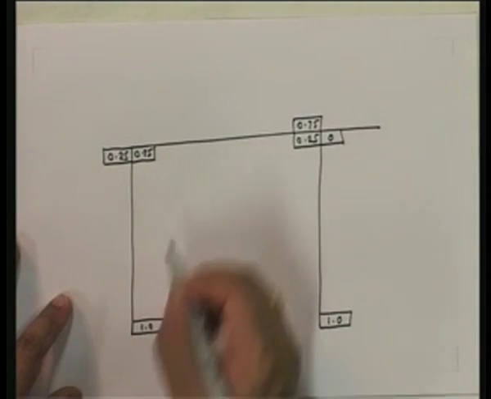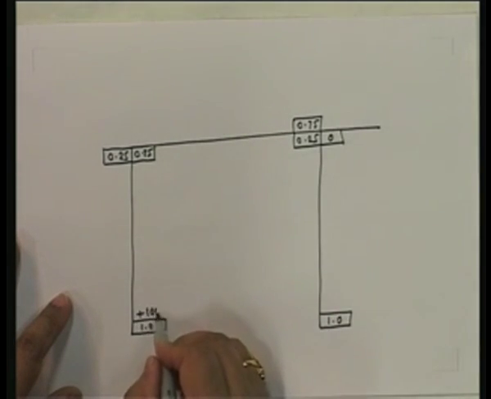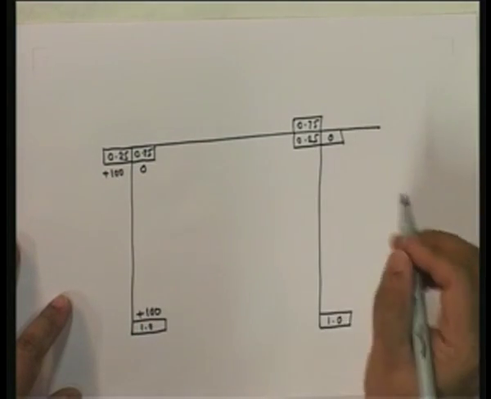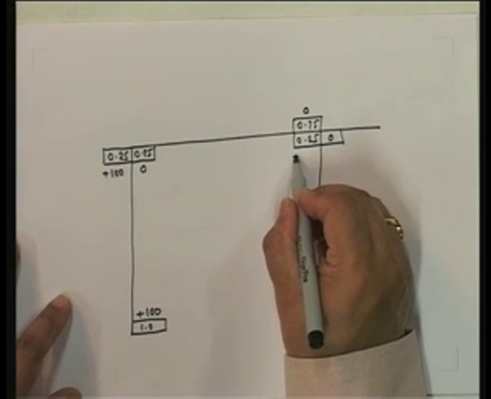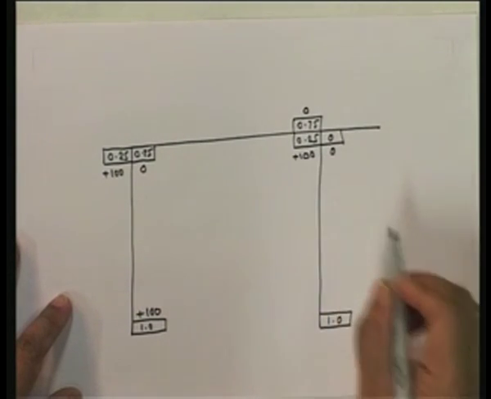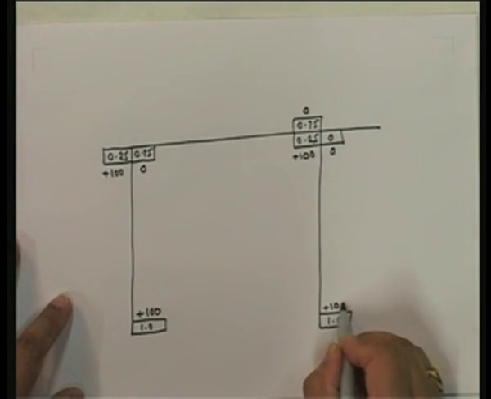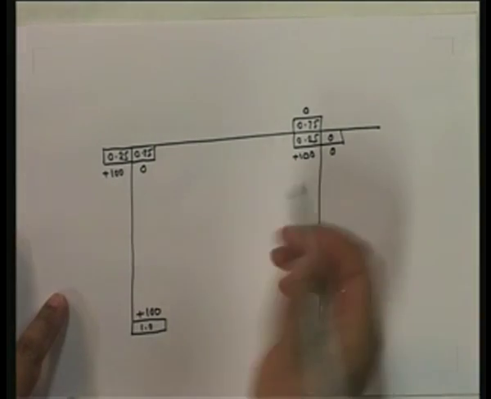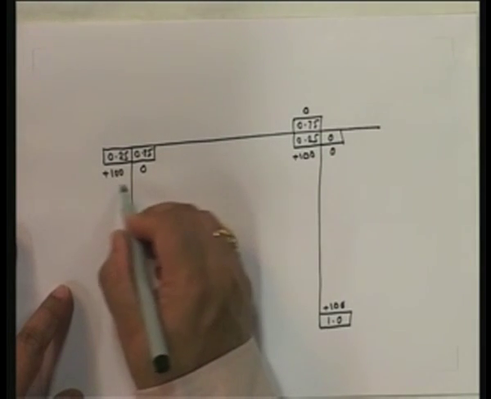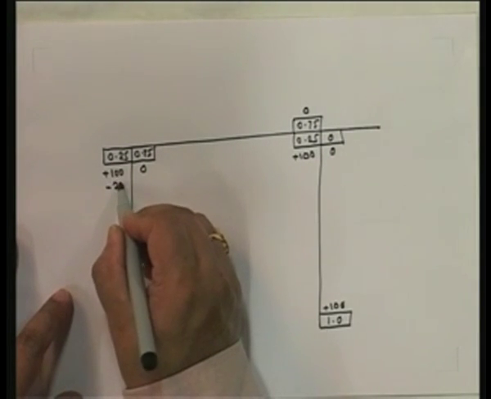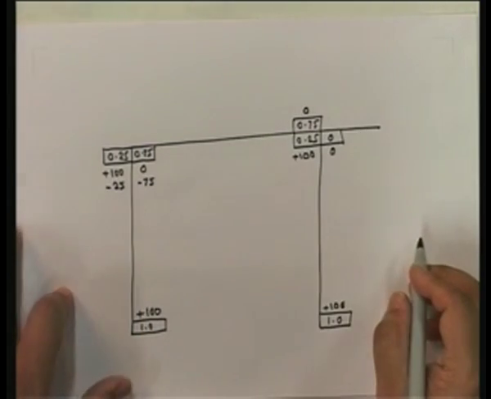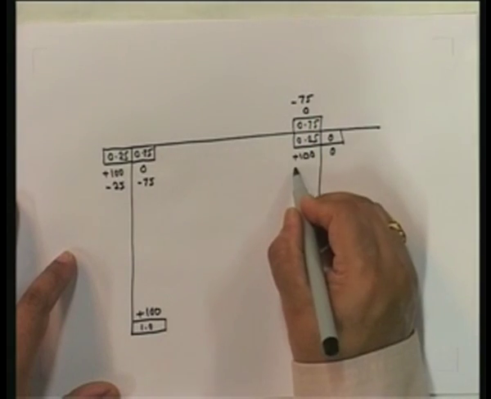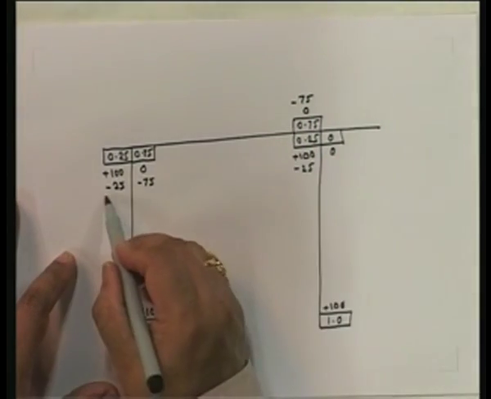Here, FEM AB is plus 100, plus 100, 0, 0, plus 100, 0, plus 100. So this is our starting, and ultimately, in the first step, this is minus, so you will have minus 25, minus 75. Here you will have minus 75, minus 25.